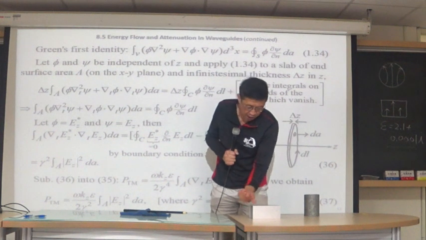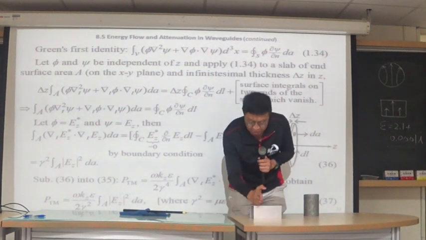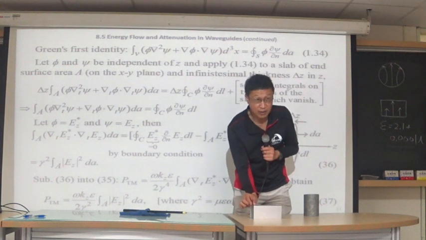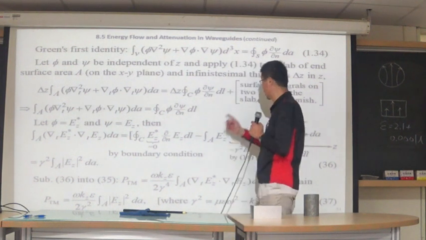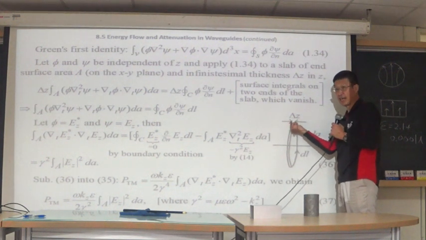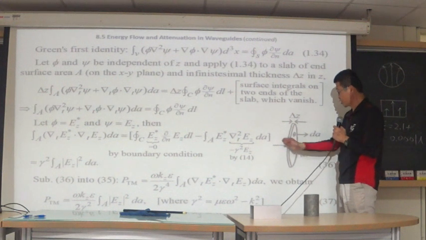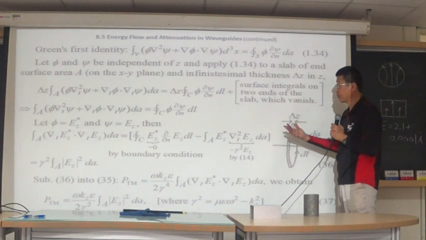Let's cut this section and this section, separated by a small thickness, delta z. The cross-sectional area A is the same.